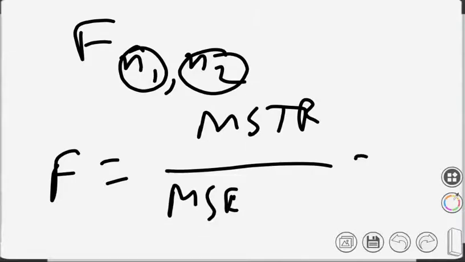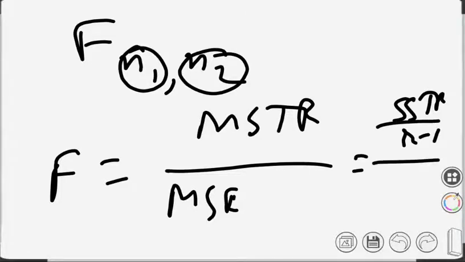And how have we defined MSTR? MSTR is SSTR by r minus 1. Look at the table. You are writing along with me whatever I am writing. I hope you understand. And MSE you have written as SSE by n minus r.